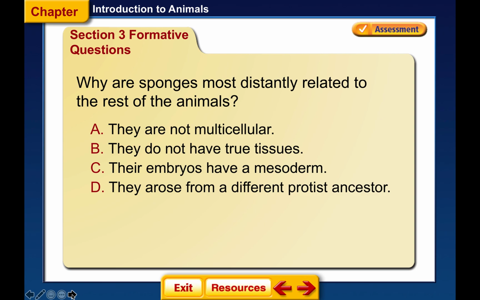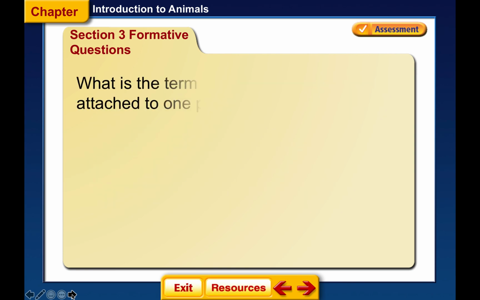Why are they most distantly related to the rest of the animals? They don't have tissues. We know that they are multicellular. Their embryos, mesoderm doesn't apply because they don't have tissue development. So your answer is B.